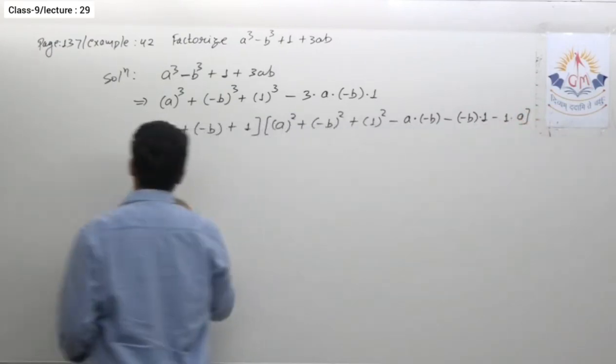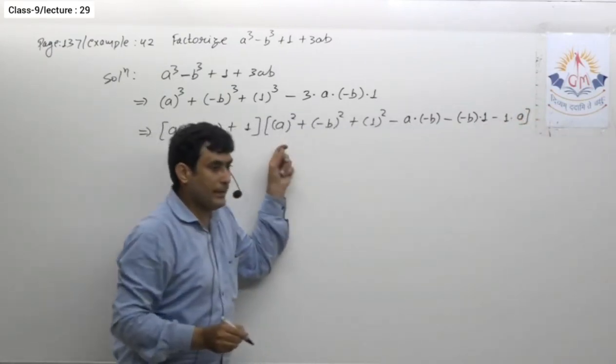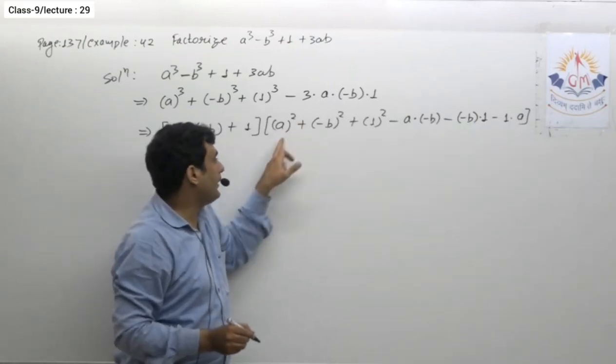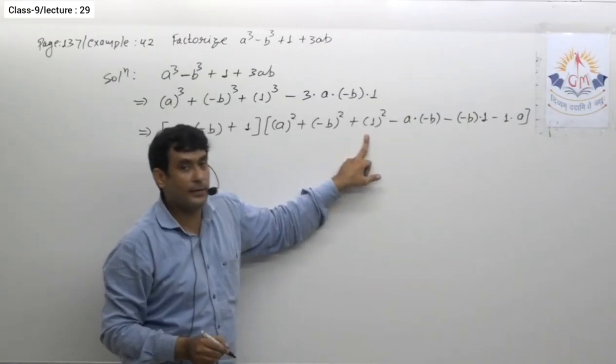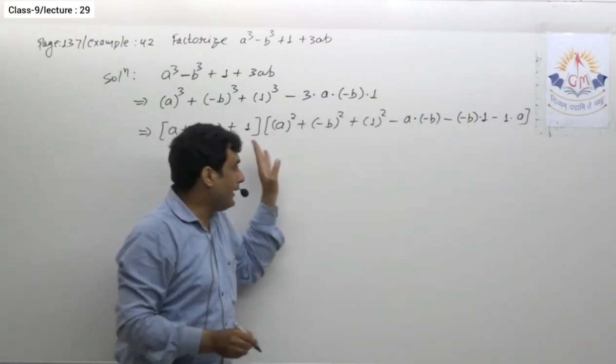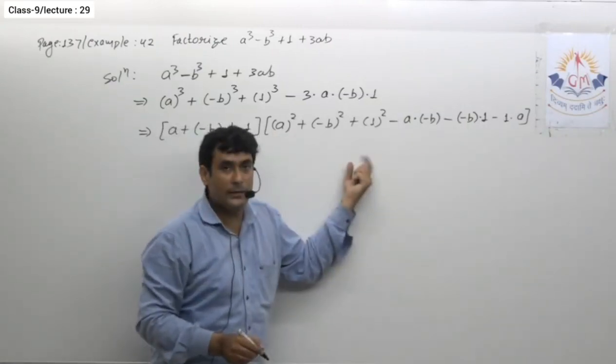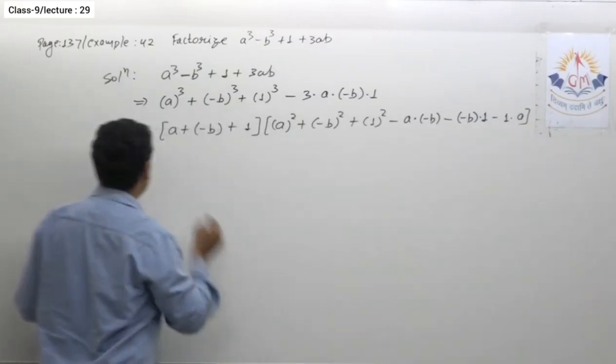Now I'll open the bracket. See over here, instead of writing a in bracket and square, I can directly write a square. Here again I can directly write b square. Here again I can write 1. But do write this step in the form of the identity, and in the next step solve it further.